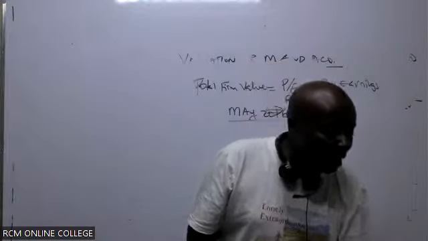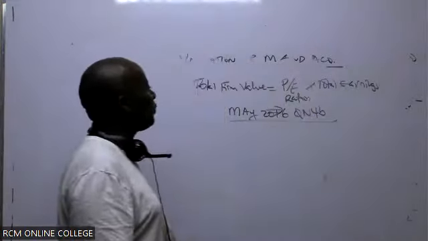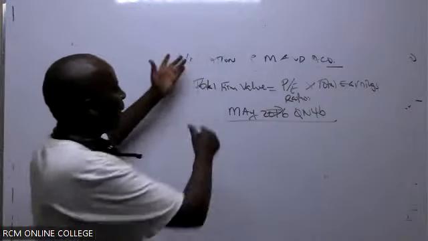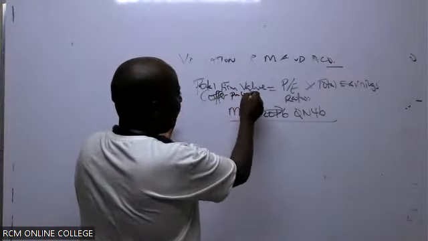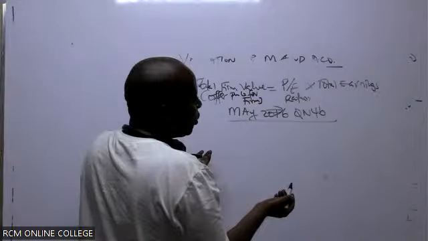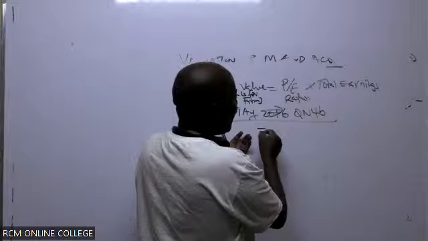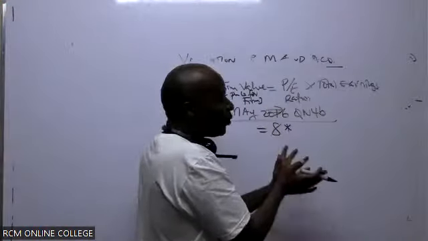And we have said that anytime they want us to give the total firm value, which is the same as the offer price for the firm being sold, take the PE ratio, which here is 8 times, the total earnings of that firm.